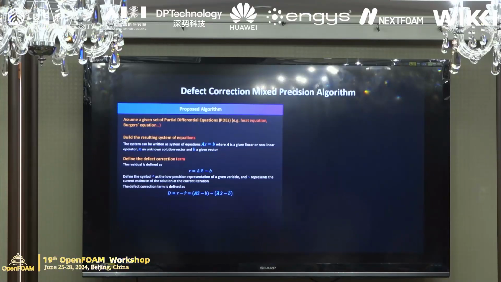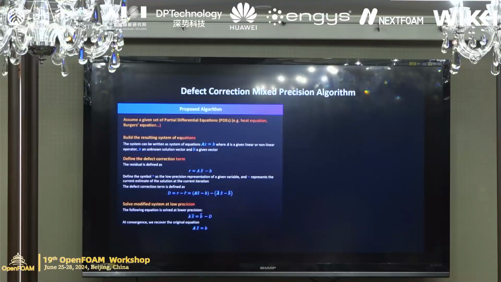And what we define as the defect correction term is the difference between that residual computed at low and high precision. So what that term gives you is an indication of the error introduced in your system by now doing part of the computation in low precision versus what you would have got in high precision.